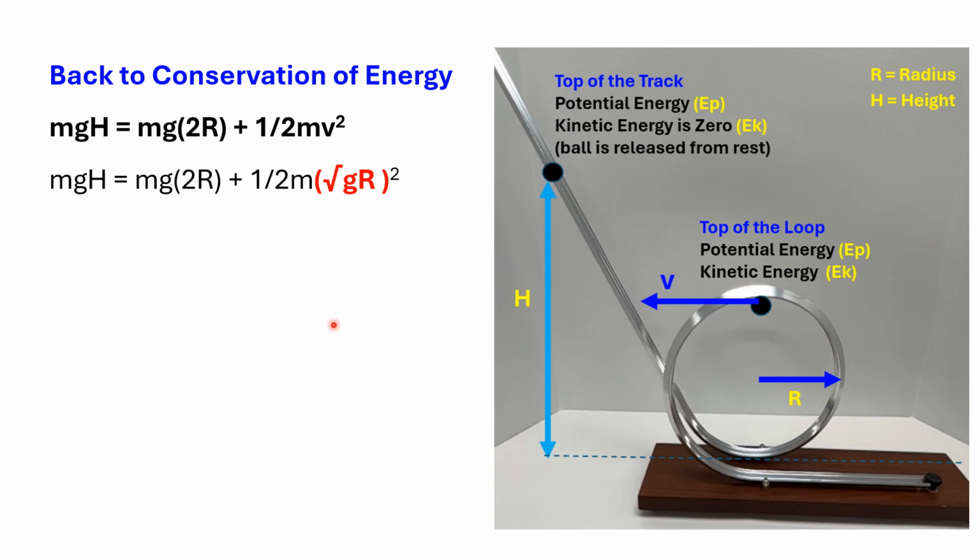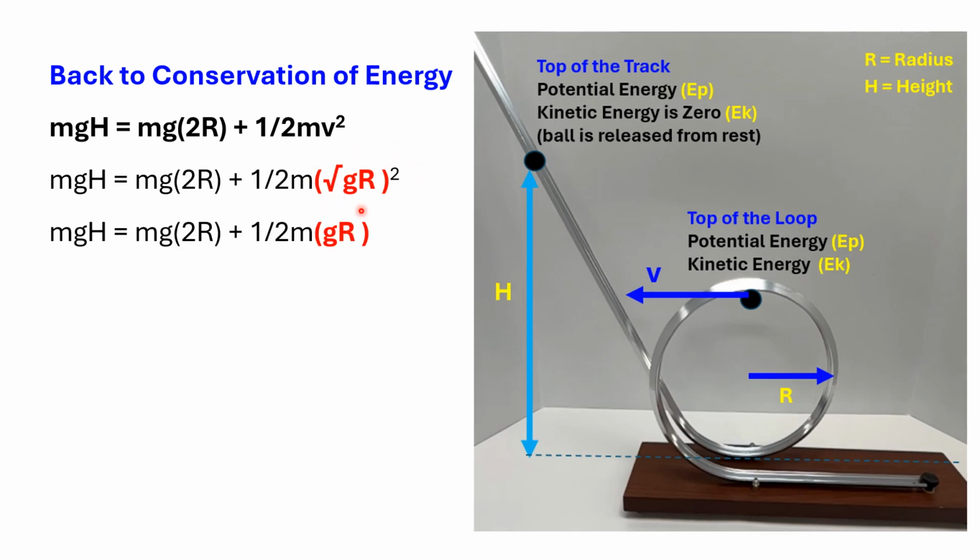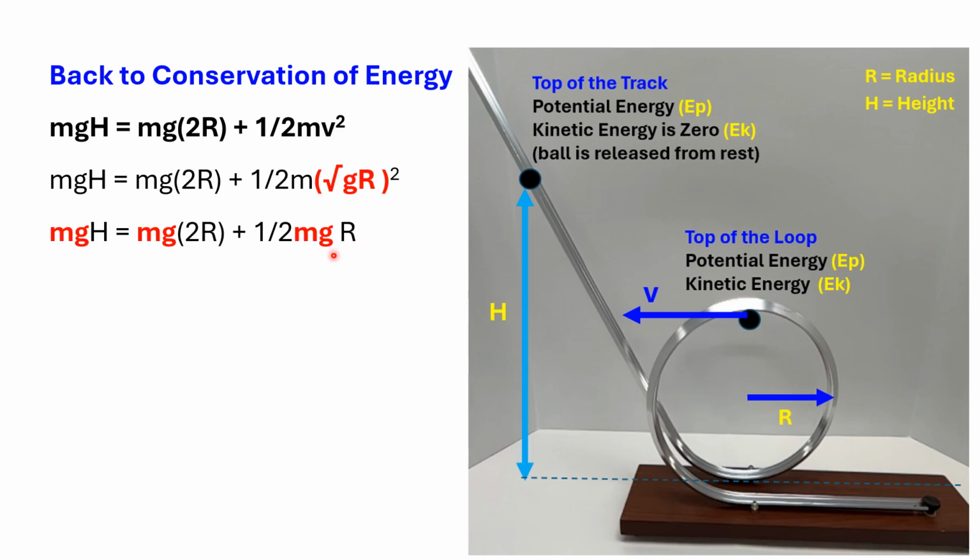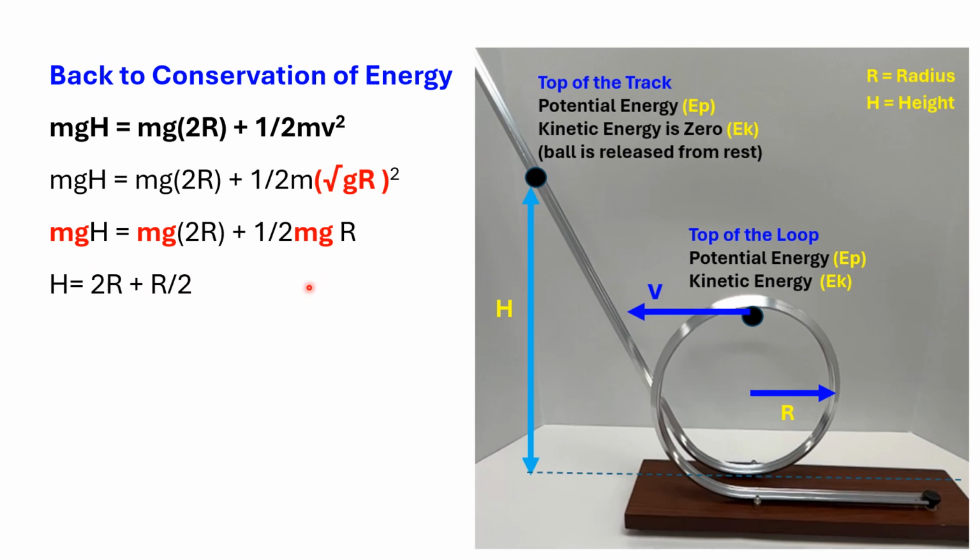Now let's go back to our first step, which is the conservation of energy equation, where we left, and we need to substitute now the value of the speed showing here in red. Now the square root is eliminated because speed is squared in this equation. We can go ahead and cancel mg from both sides of this equation.